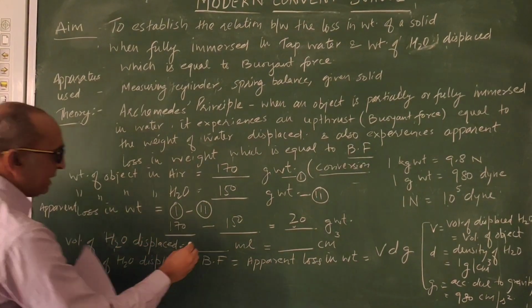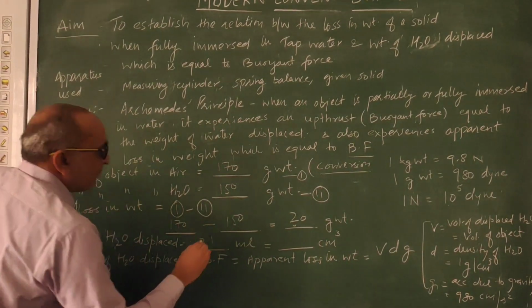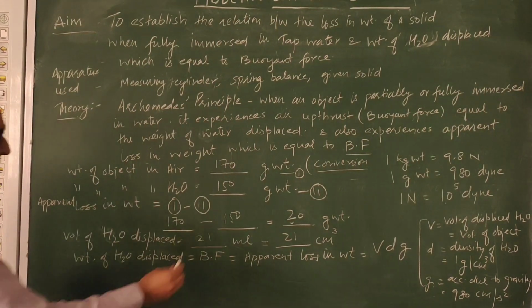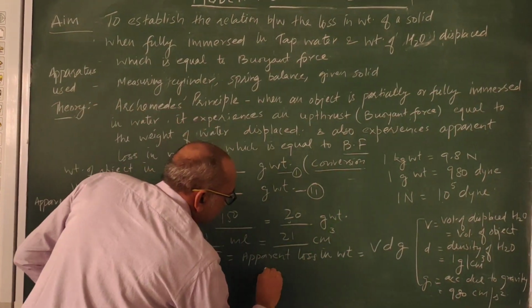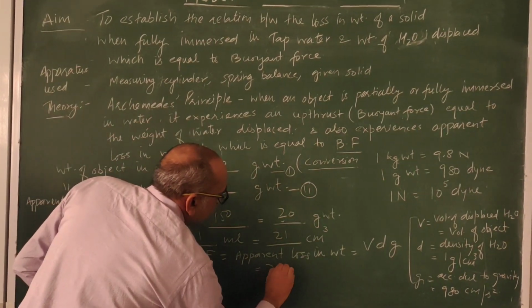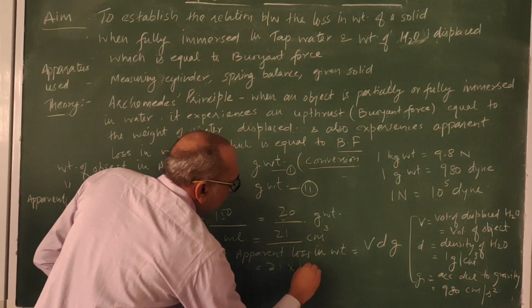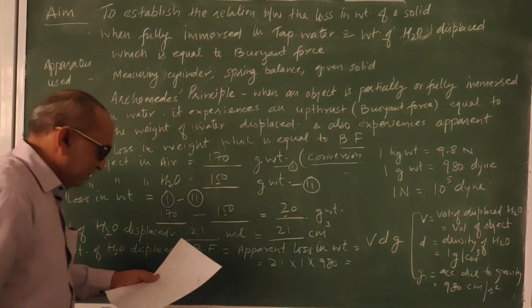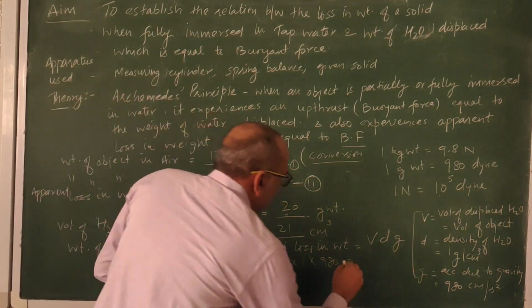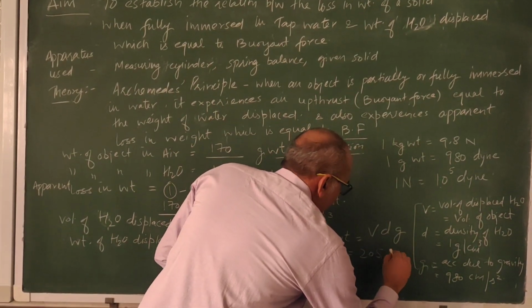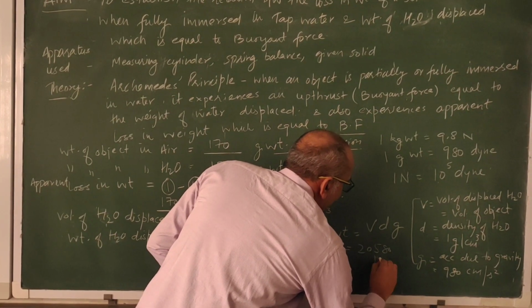Volume of water displaced was 21 ml. 21 ml means 21 centimeter cube. And now this VdG, as we have calculated earlier, 21 into 1 into 980. This is equal to 20580 dynes.